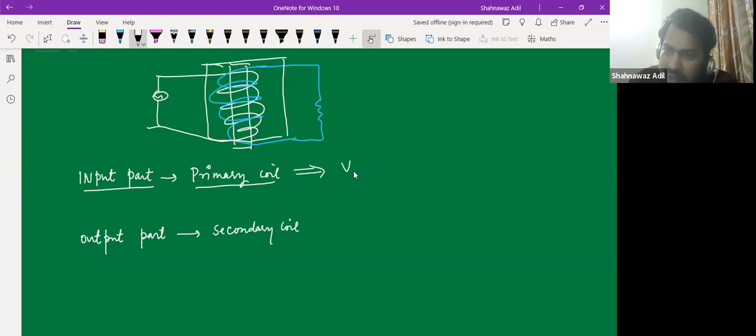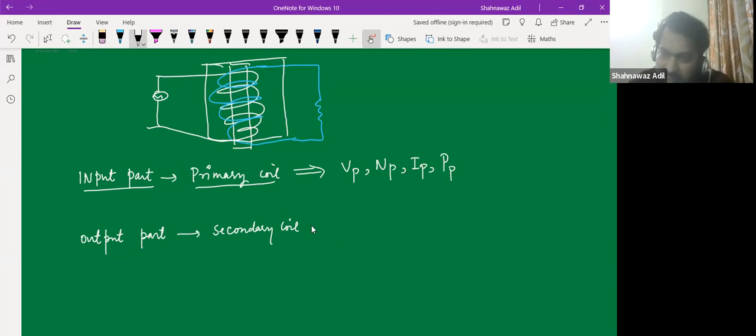So in the primary coil, what are the parameters involved? One is the primary voltage, and then the number of turns in the primary coil, and then the current in the primary coil, and then the power in the primary. These are the parameters involved in the primary coil.